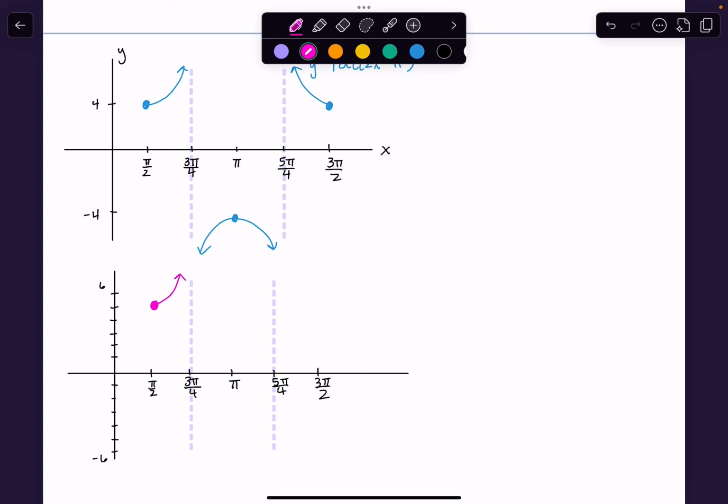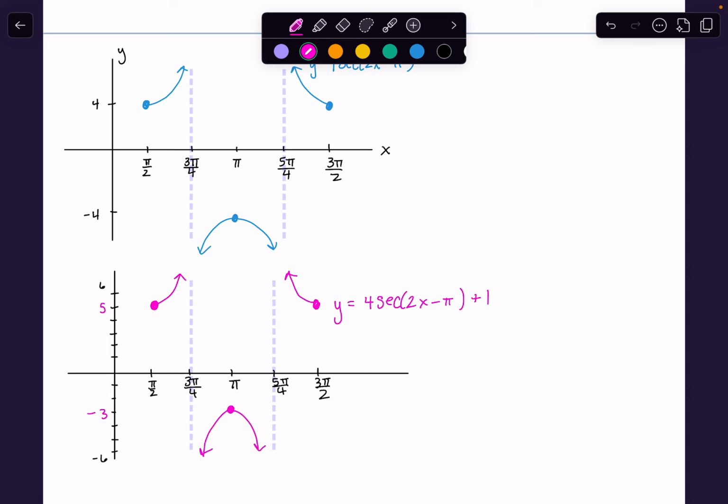So that value is right here at -3. And then it still keeps that same shape. Okay. And then same thing here, this is at +4, so that has to get moved up one to go through 5. So this would be our graph of 4 secant of 2x minus pi plus 1.